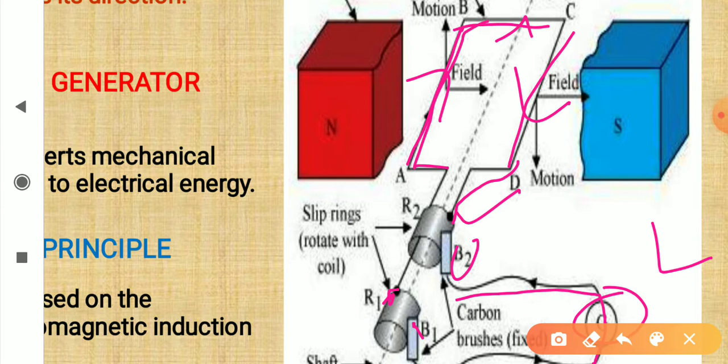So now in the external load, the current is coming from top to bottom, downwards.